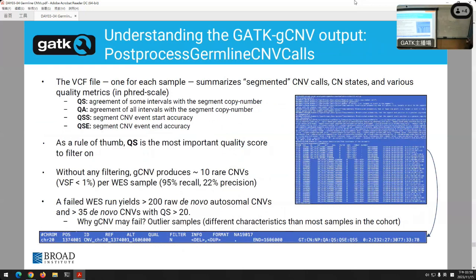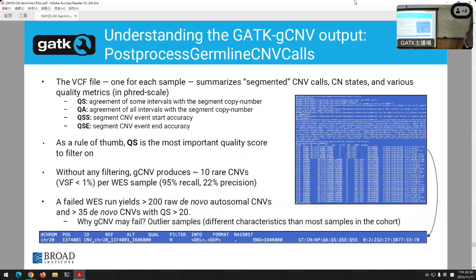Okay, and what is the output of post-process germline CNV calls? It is a single sample VCF with copy number variant calls. Each CNV call has a few different quality metrics.